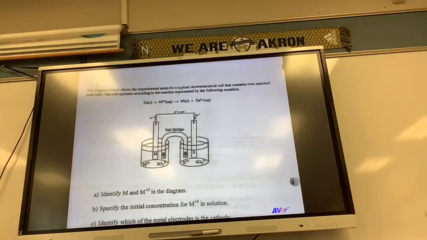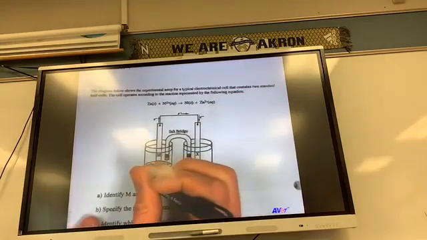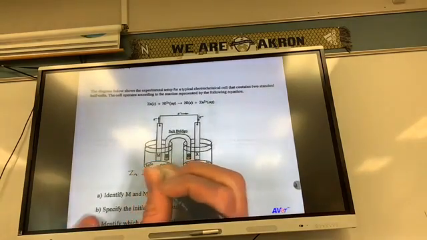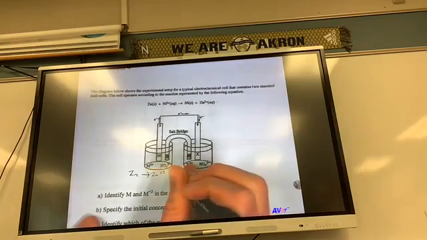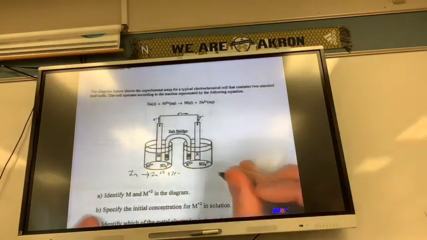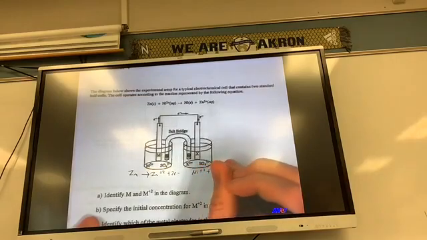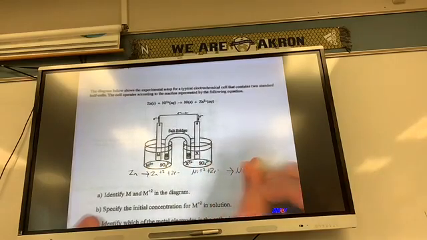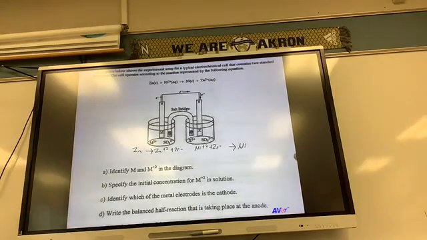It's nickel. Nickel's more positive. Zinc is negative 0.76, nickel is negative 0.23. That is definitely more positive. So over here, I'm going to have Zn yields Zn plus 2 electrons because it's giving it up. Nickel, Ni plus 2 electrons gives me my solid nickel. And that's the cathode, right?